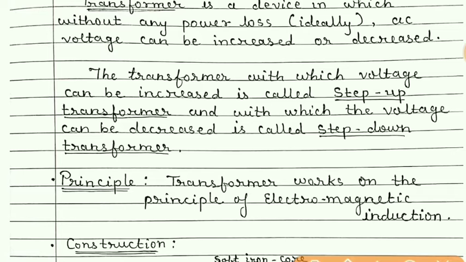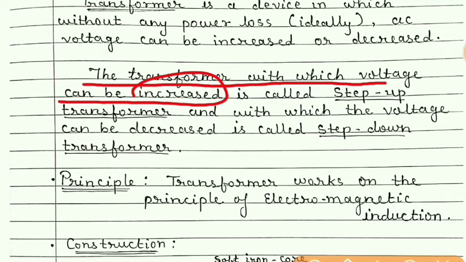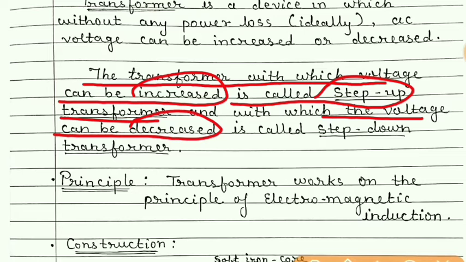Now students, the transformer with which voltage can be increased is called a step up transformer, and the one with which the voltage can be decreased is called a step down transformer.